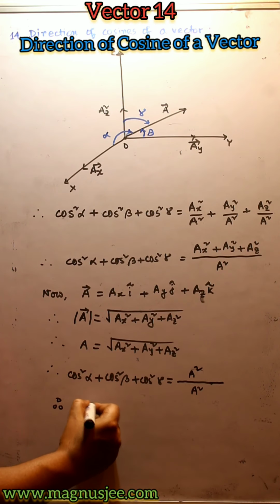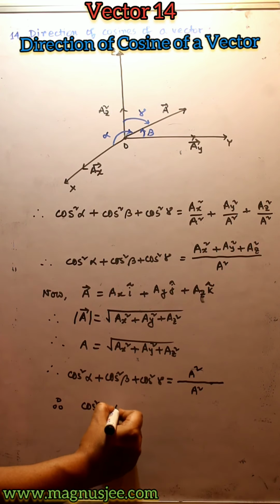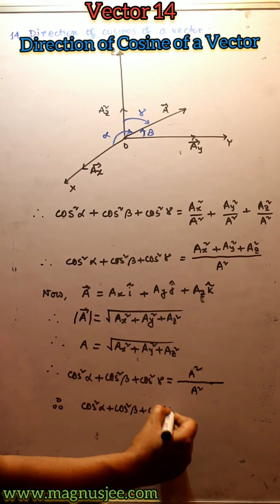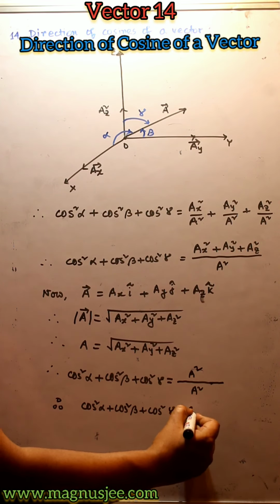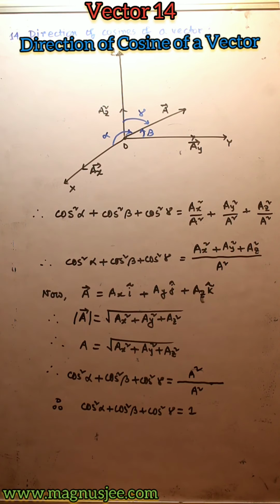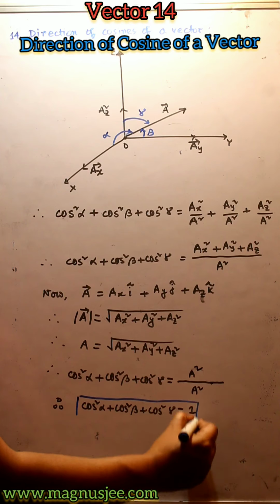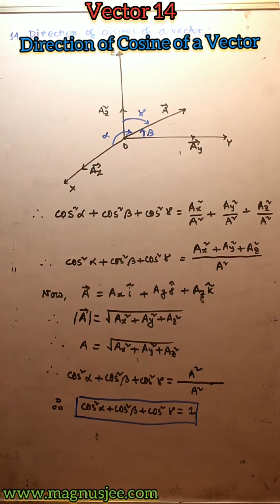Finally we get cos square alpha plus cos square beta plus cos square gamma as 1. Cos square alpha plus cos square beta plus cos square gamma is equal to 1.